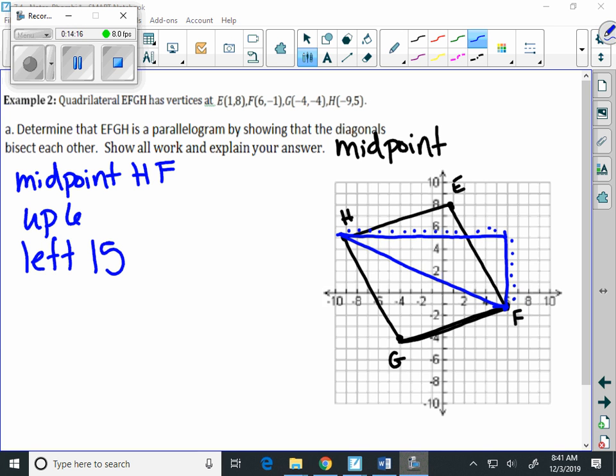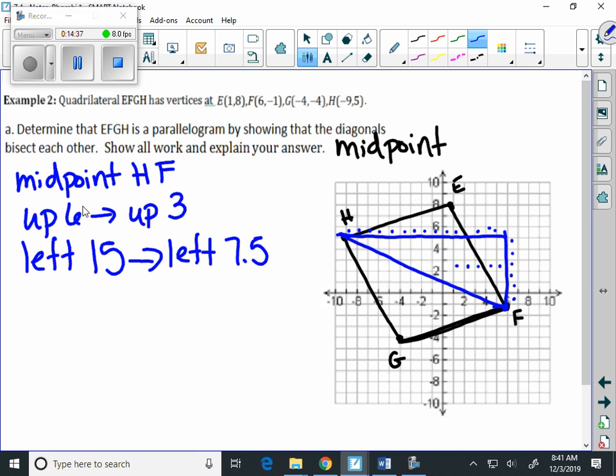So when we're looking at the midpoint, we're going to cut that in half. So we're really going to go up 3. And we're going to go left 7.5. So our midpoint, up 1, 2, 3, and then 1, 2, 3, 4, 5, 6, 7.5.